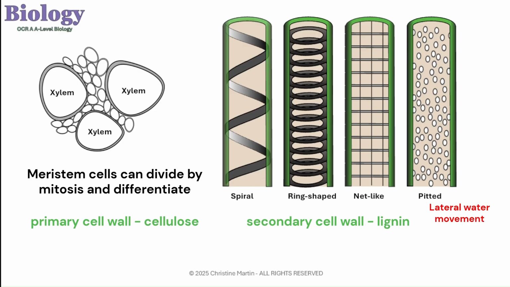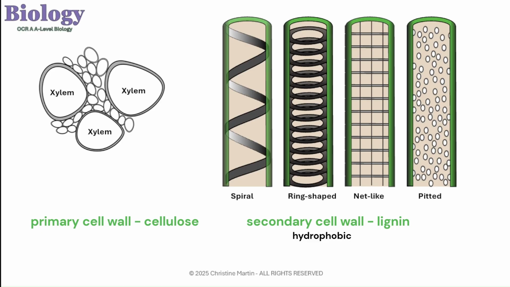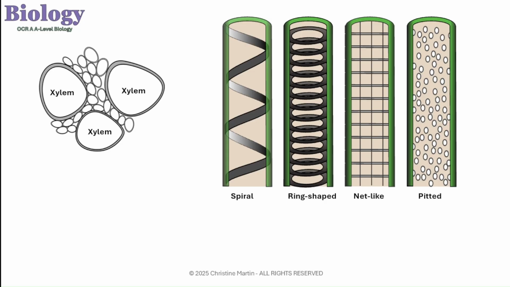Now, lignin is hydrophobic, so it does not form hydrogen bonds with water. However, within the xylem vessel walls, there are pits and microsurfaces where cellulose remains exposed. Now, cellulose has a part of it which is hydrophilic because it contains hydroxyl groups that can form hydrogen bonds with water molecules. Now, the interaction between water molecules and the cellulose in the vessel wall is known as adhesion.